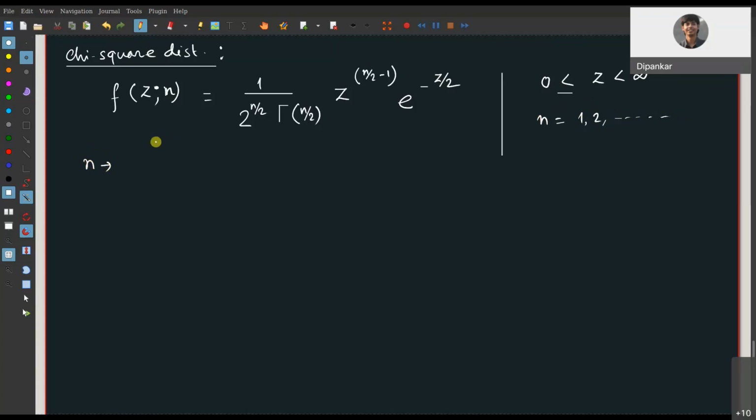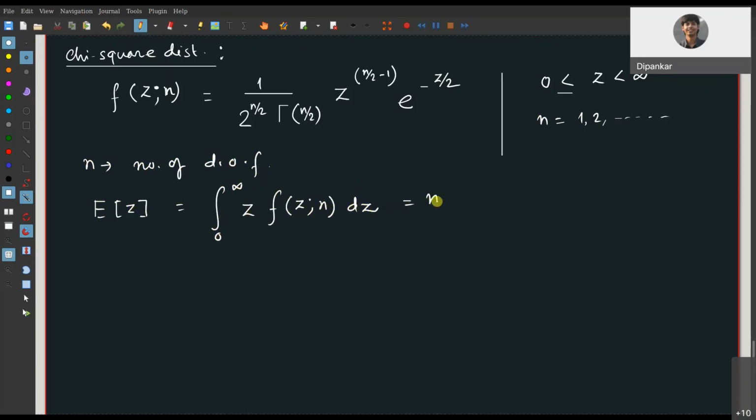So this is called the number of degrees of freedom for the chi-square distribution, and it also gives you the statistical average. So the expectation value of z would be the integral from 0 to infinity of z f(z; n) dz.